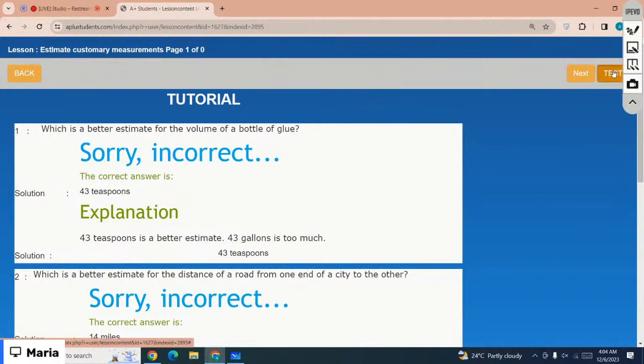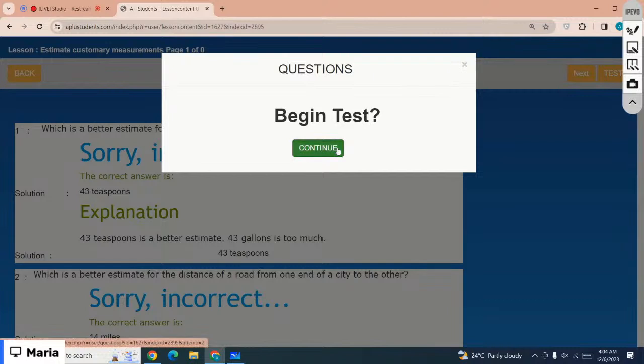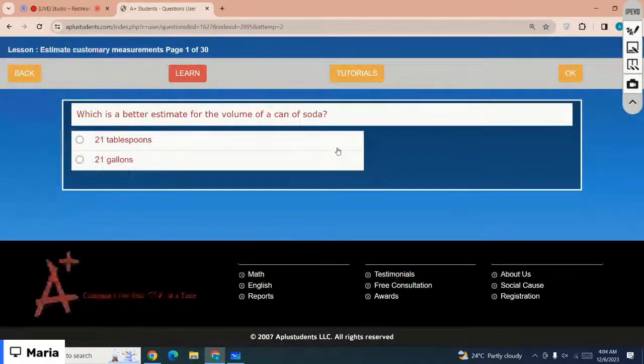Let's just start with the test questions. Which is better estimate for the volume of a can of soda? Is it 21 tablespoons or 21 gallons? Which is the correct option?